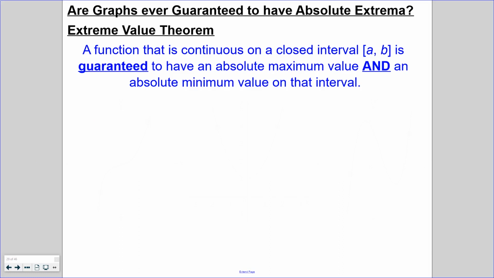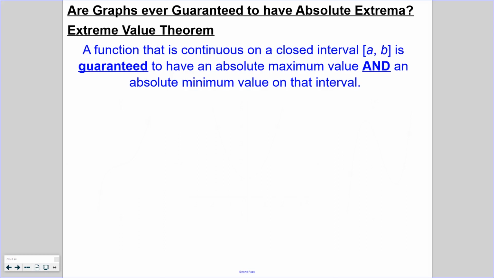So this is huge, because the theorem is telling us that if we have a continuous function on a closed interval, we have to have both an absolute max and an absolute min, which is good news. So whenever we have a function on a closed interval, boom, it has to have a max, boom, it has to have a min.